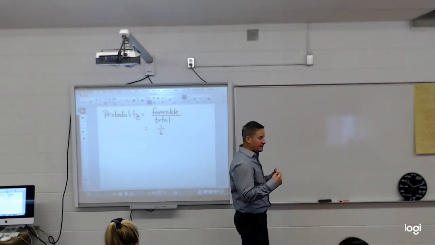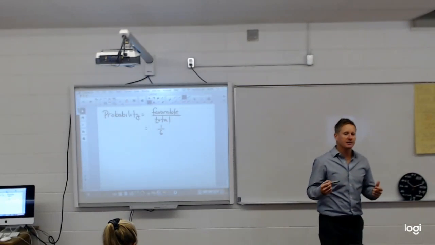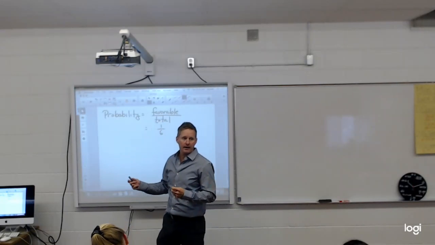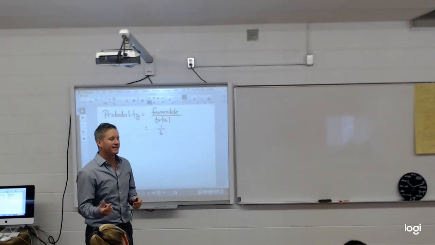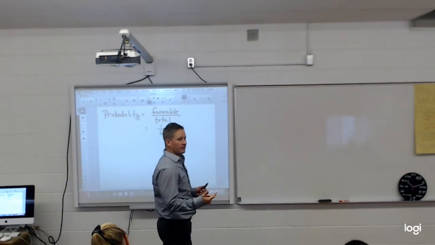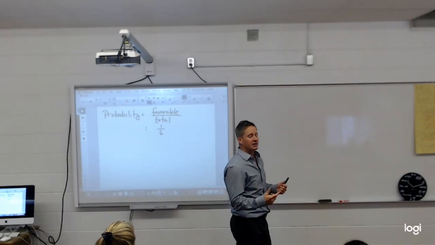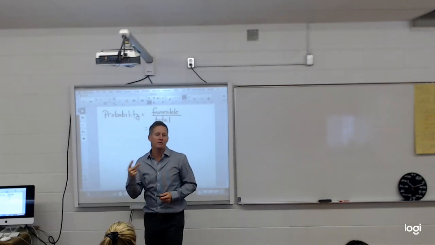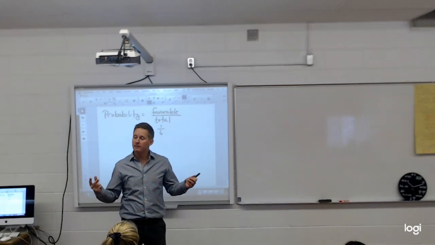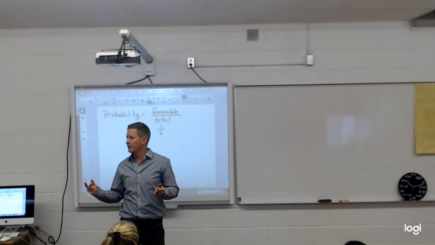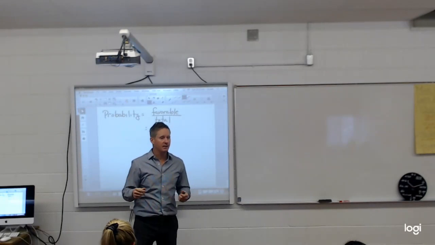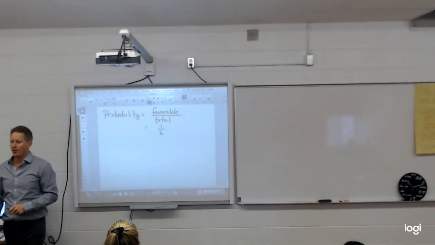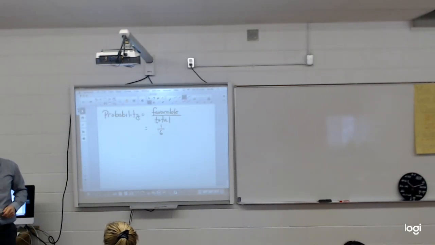So in theory, we have a 1 out of 6 chance of rolling a 1 on a die, right? But if I rolled it 10 times, it may not come out as a 1 out of 6 chance. Or if I roll it 12 times, let's say, that means that I would have to hit 1 twice, right, in the theoretical probability of it. But that may not be. The experimental probability may not work out to what the theoretical probability is. Okay?